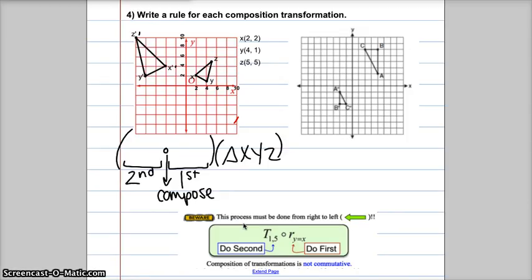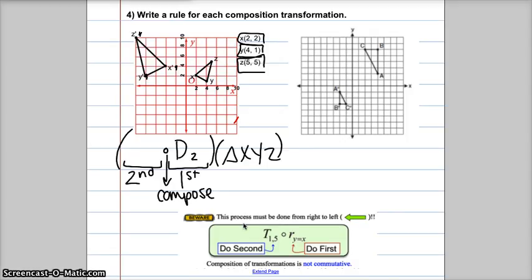So what needs to be done to triangle XYZ? I see that triangle XYZ is smaller than triangle X double prime, Y double prime, Z double prime. So I think the first thing that needs to happen is a dilation. If you look at the ordered pairs, (2, 2), (4, 1), (5, 5), versus the ordered pairs over here, (4, 4), (-4, -4), (-10, 10), there was a dilation of a scale factor of 2.